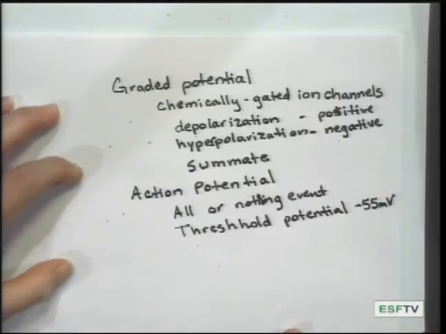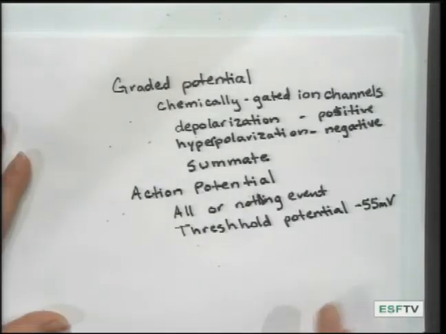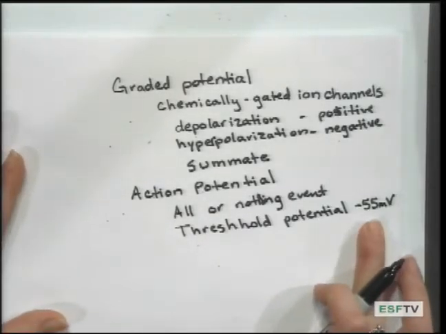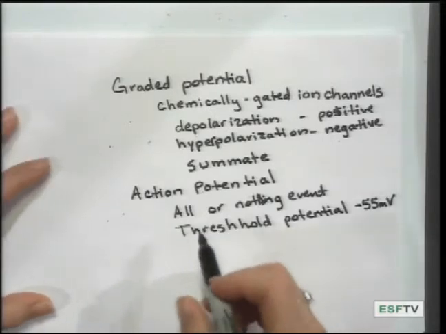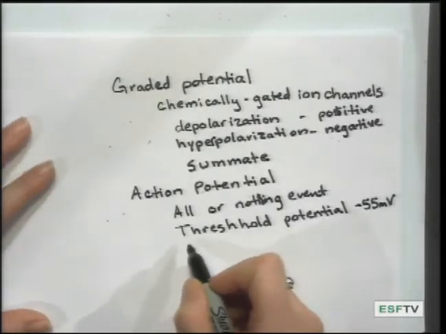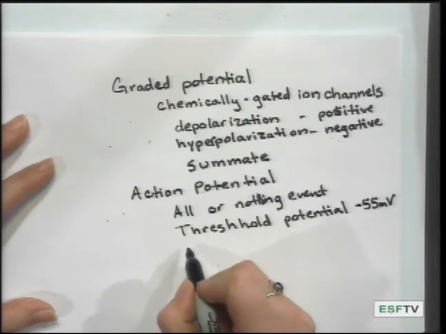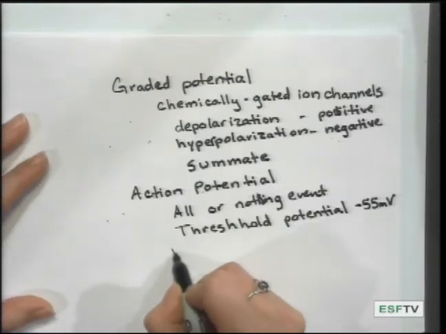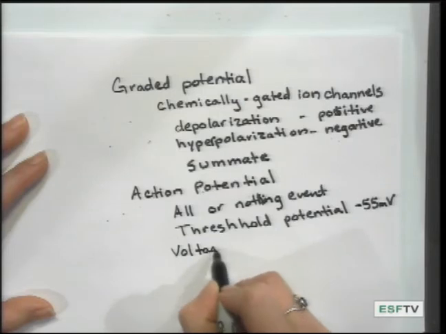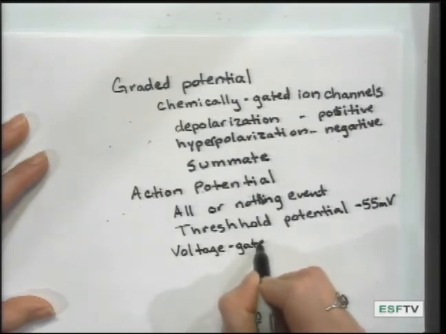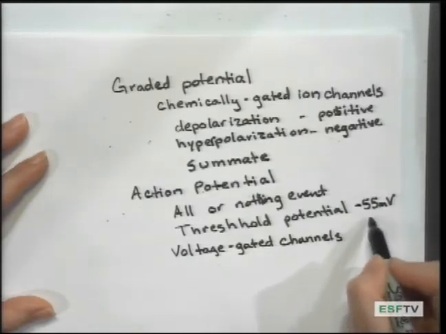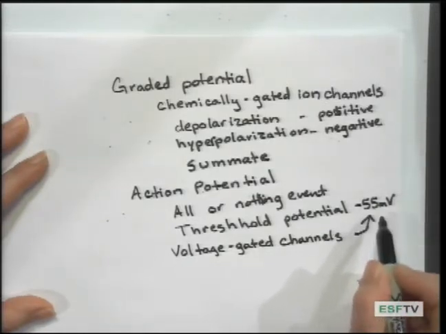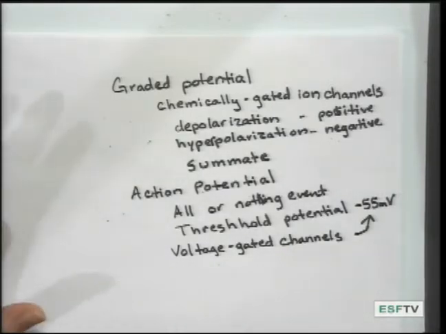Okay? And so once this negative 55 millivolts is reached, it's an all or nothing event. And these action potentials are governed by what are called voltage-gated channels. So when this is reached, these voltage-gated channels will open and you'll get a flood of ions coming in.